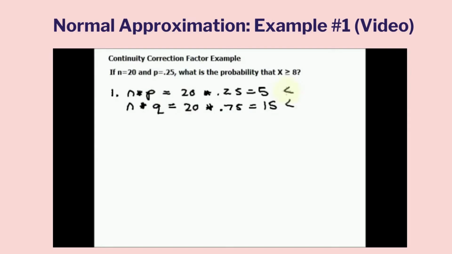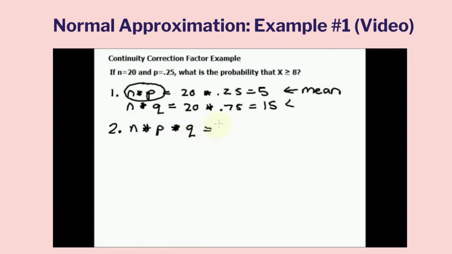This right here, n times p, is also the mean of a binomial probability distribution. We're going to need that in another step, so I'll make a note of that. Next, I want to figure out the variance. The variance of a binomial distribution is n times p times q.